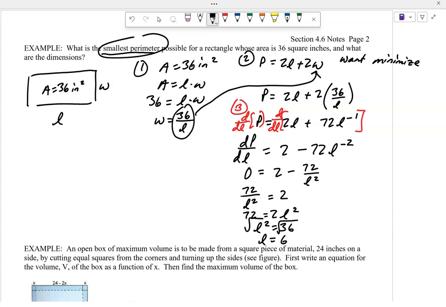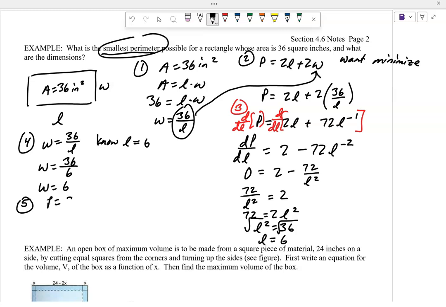And let's go over here to step 4. If L is 6, W equals 36 over L. And we know L's got to be 6 to minimize this. So we got 36 over 6, or W is also 6.